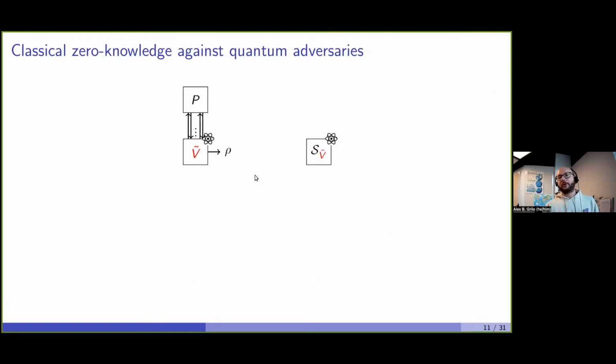Now what we want is a quantum simulator. To simulate this quantum verifier, we need a quantum simulator that again interacts with this malicious verifier and outputs some quantum state sigma. Again, you could have some side information, denoted here by the state psi.